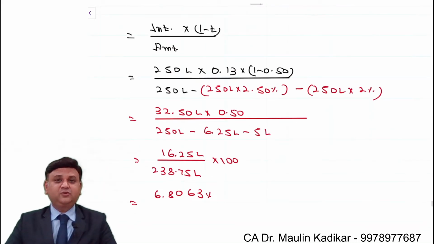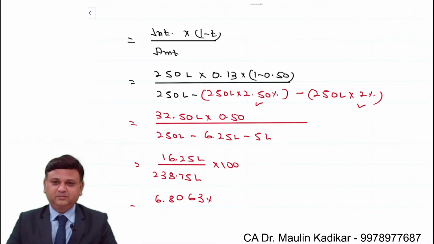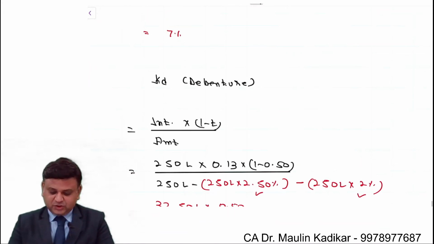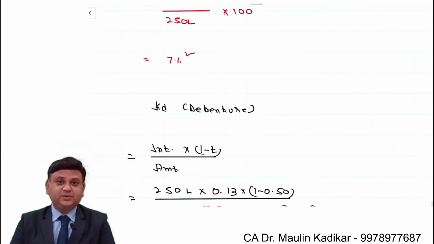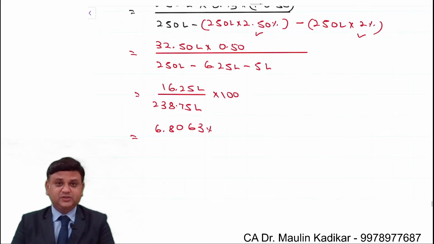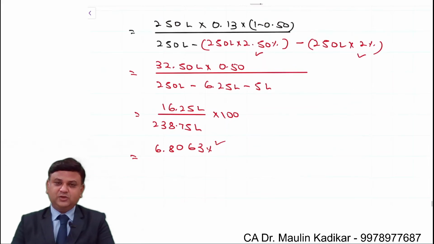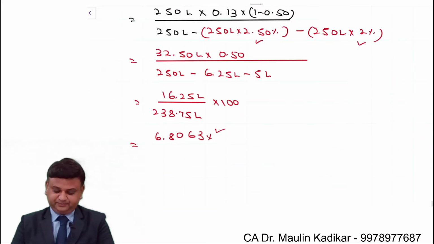That is the way we are required to calculate the cost of debt financing. So we can see that the answer for the first option is 7%, and the second is less than 7%. So of course we will go with the second option.